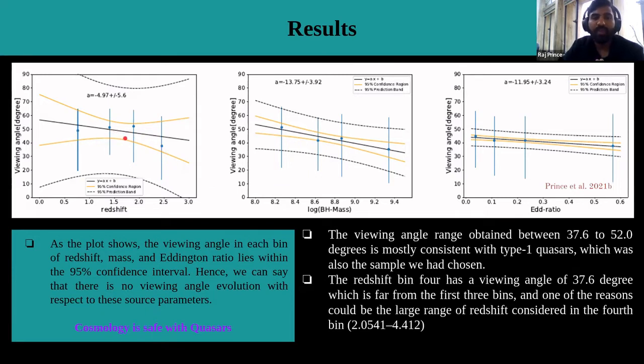For high redshift sources, we do not know. In the future, if we have more data, then we can extend this plot to other high redshift sources and see if those sources differ from this relation. So from this plot, we can say that our cosmology is safe with quasars, and we can use quasars as a standard candle to do cosmology.